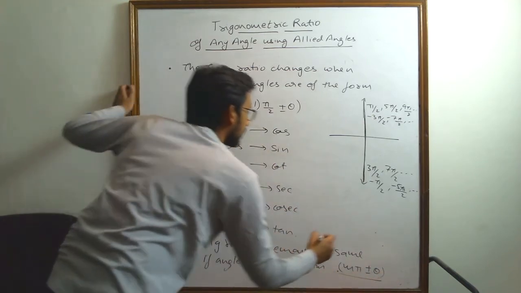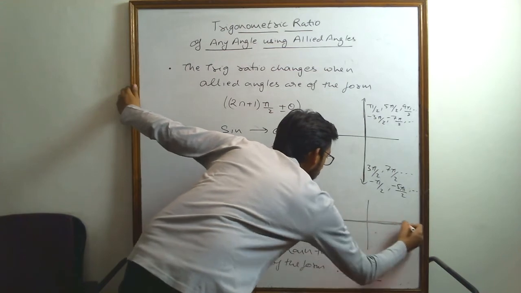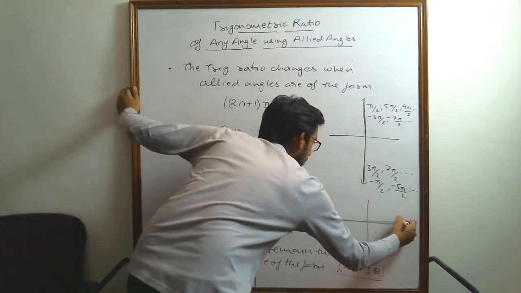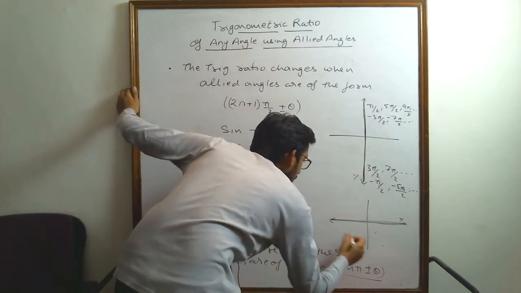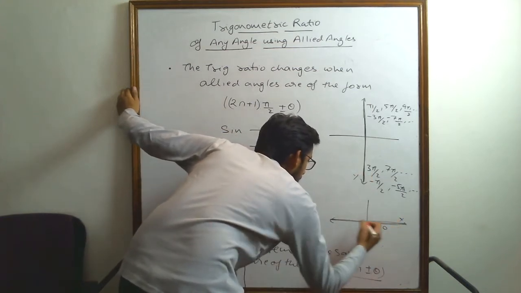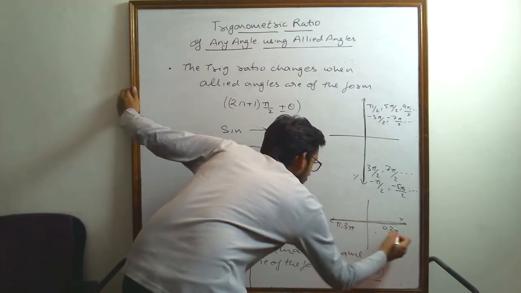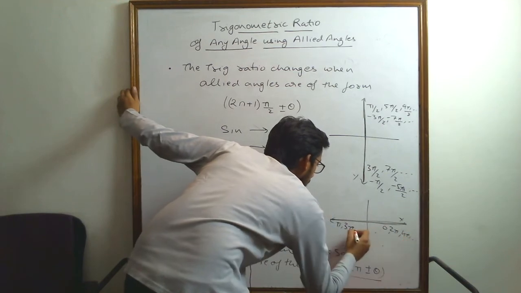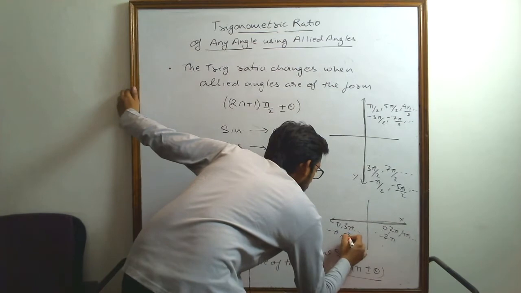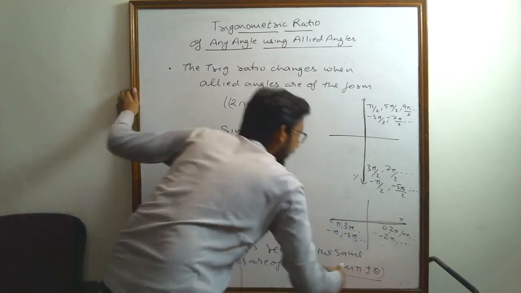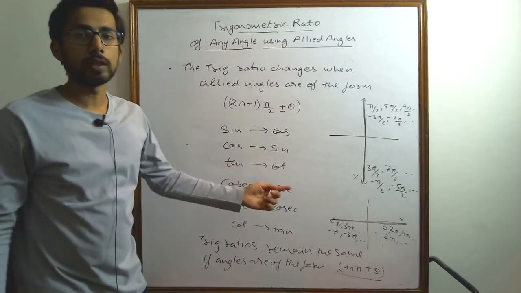That means if angles are of the form of an angle on the x-axis, that means either it is 0 or pi or 2 pi or 3 pi, 4 pi, and so on, or minus pi, minus 2 pi, minus 3 pi, and so on, plus minus theta, if it is in this form, then the trigonometric ratio remains the same.